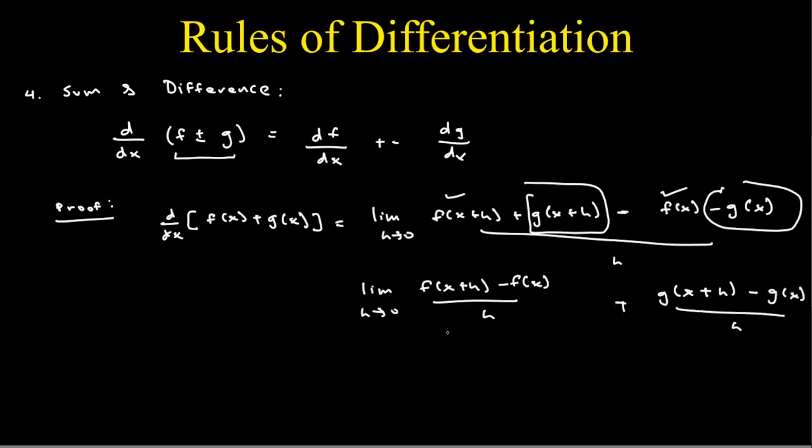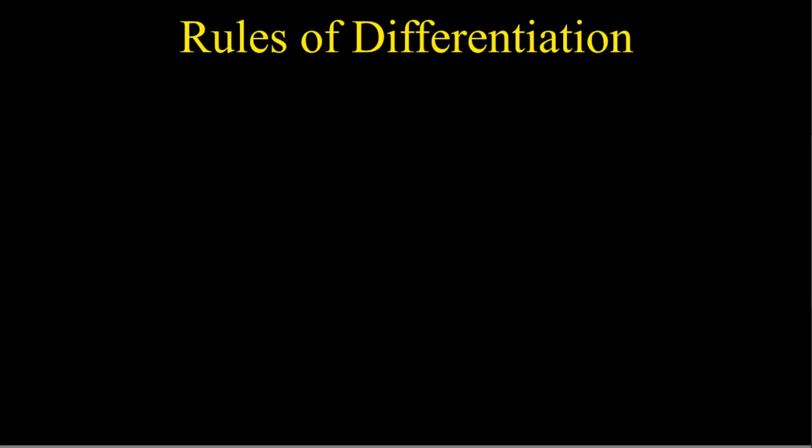And this is just the derivative of f, and this is just the derivative of g, which is what I wrote over here. If we had a subtraction sign instead of the plus, we would have a negative. And that's basically it. Okay, let's move on to the next one.